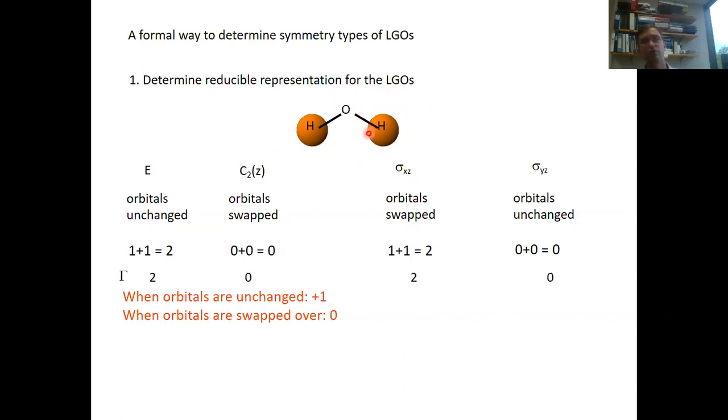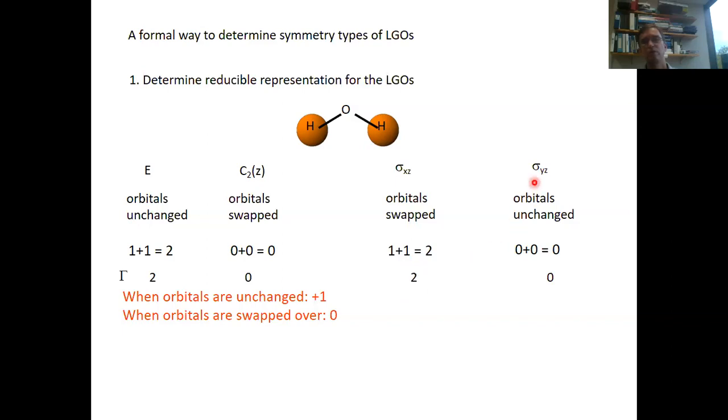So do the orbitals get swapped? The answer is actually no. And you see, there's a little mistake on that slide. It says that the orbitals are getting swapped, but actually they do not. The plane lies in the plane of the molecule, and therefore the two orbitals stay in their position. So here it says correctly that each of them gets the character of 1, which sums up to 2 overall.